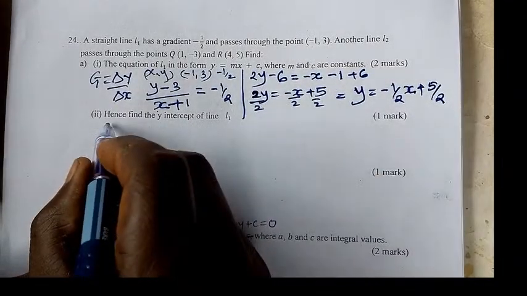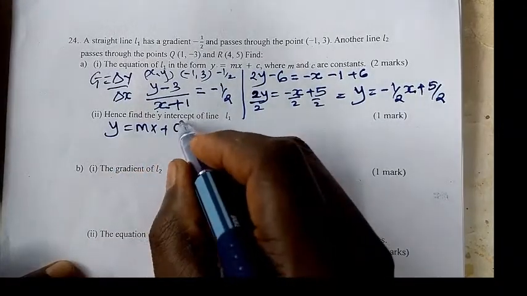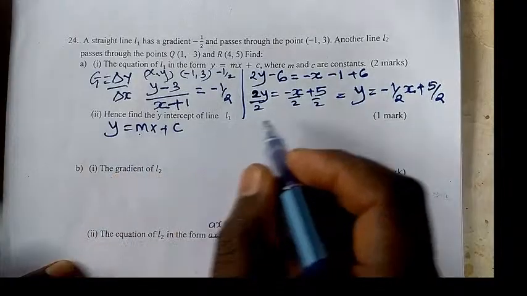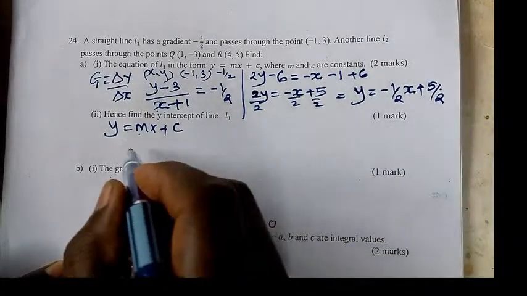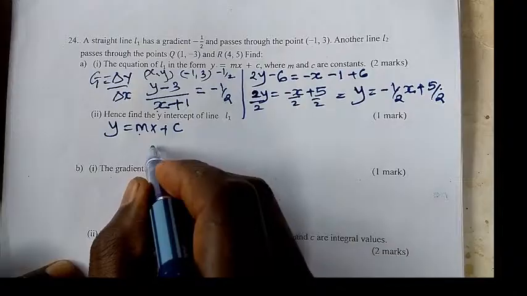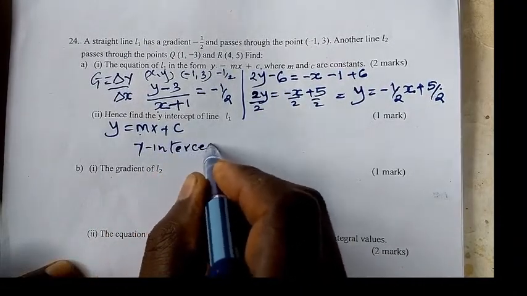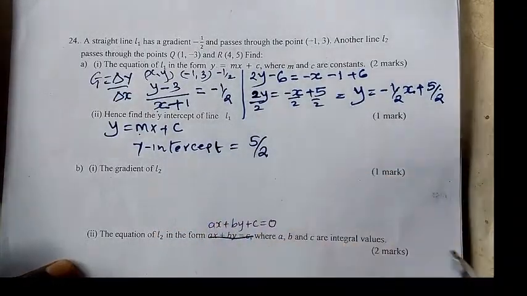So whenever you write y equal to mx plus c, c is the y-intercept, m is the gradient. So for us to get in this equation, we just look at this is the gradient, this is c. So y-intercept is equal to 5/2.